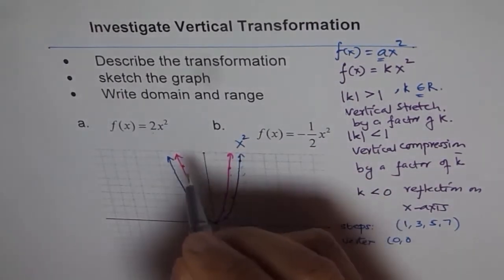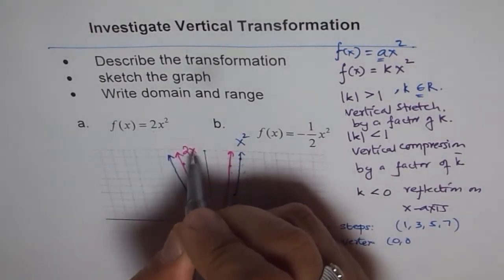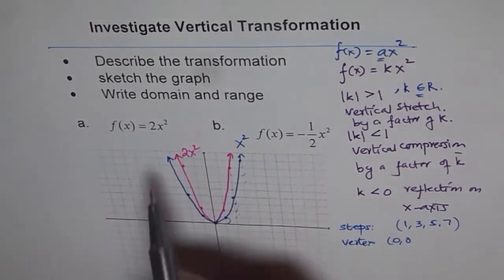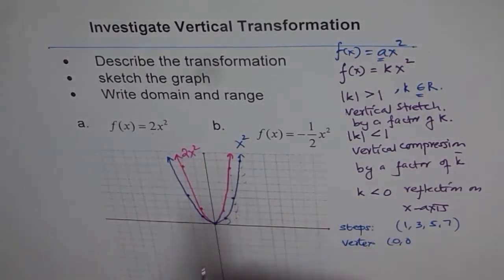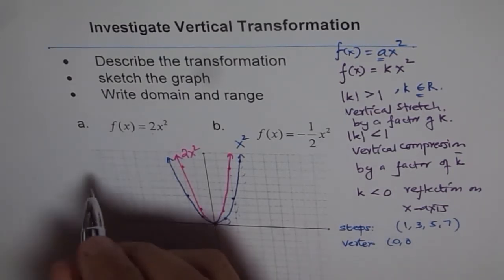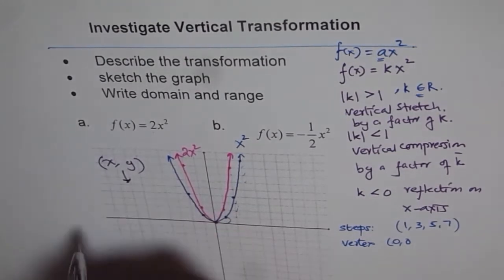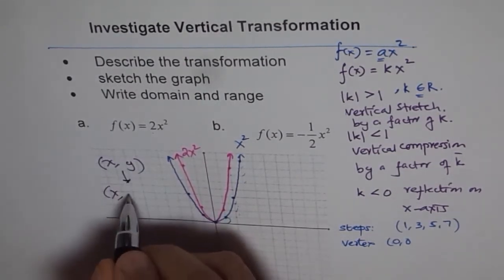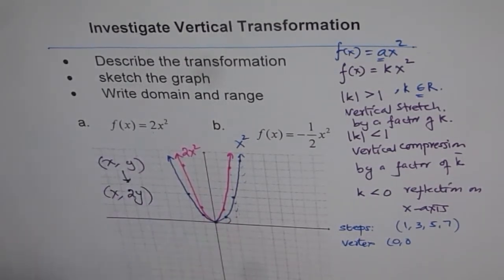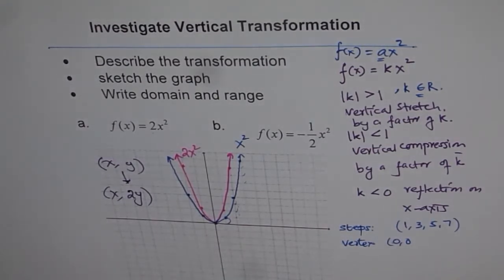So this function is 2x square, 2 times whatever we had. So you'll observe that if on the original function the points are x and y, then they get transformed. X remains the same, but y becomes 2 times y. So that is how the transformation is.